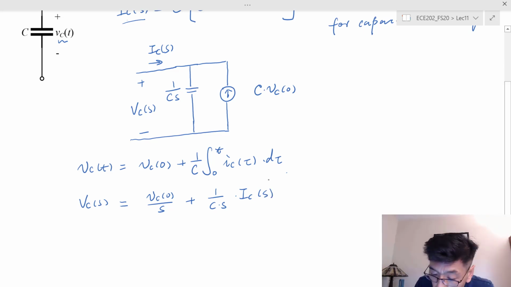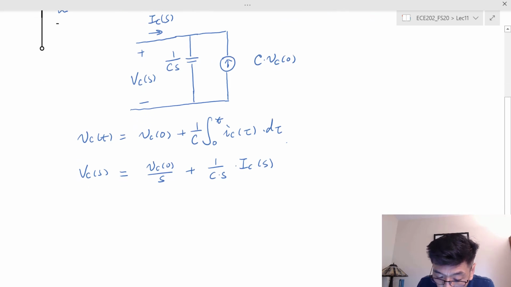And in this case, I can also draw the equivalent circuit, right? So this is quite straightforward. Let me draw here. In this case, I have the impedance, though we haven't introduced the impedance concept.